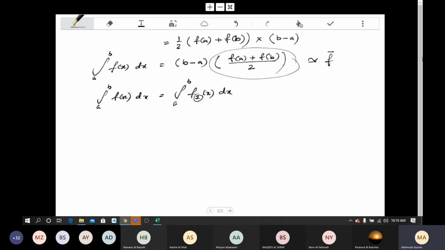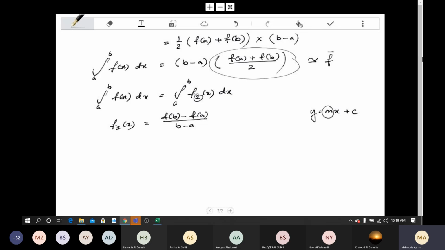Now you know the equation of a straight line is f of a plus f of b minus f of a divided by b minus a times x minus a. This is something like the equation of a straight line, as you already know, y is equal to mx plus c, right?